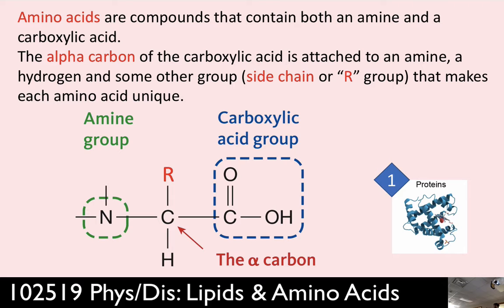Omega would be the last carbon, the last letter. 3 is 3 off of the omega carbon, or the site of the double bond. In an amino acid, there only is an alpha carbon. There are no other carbons in this chain. Here's the carboxylic acid, here's the alpha carbon. It just refers to the carbon that's not the carboxylic acid.